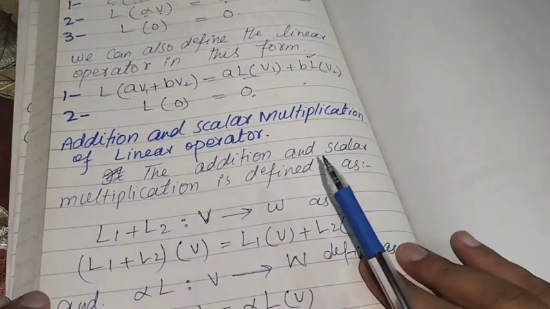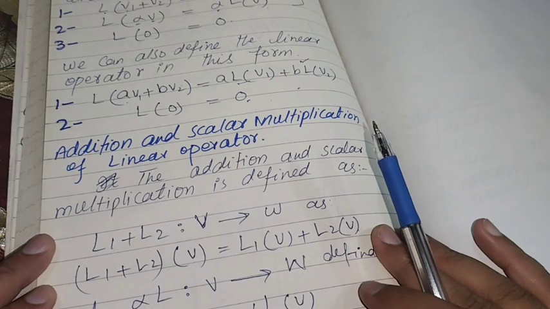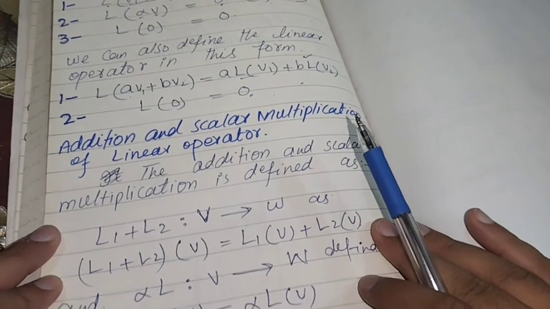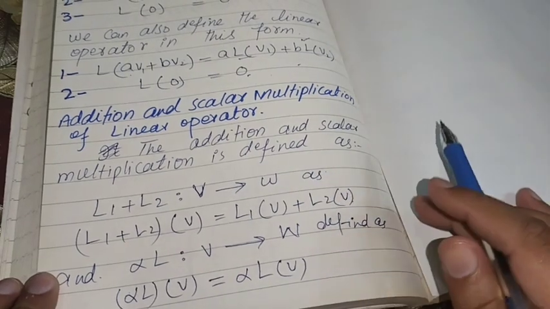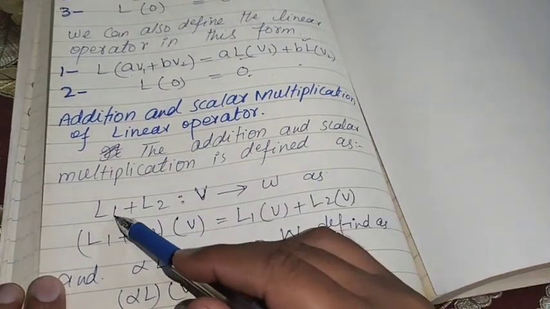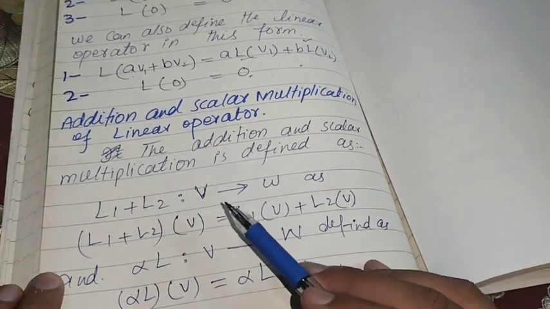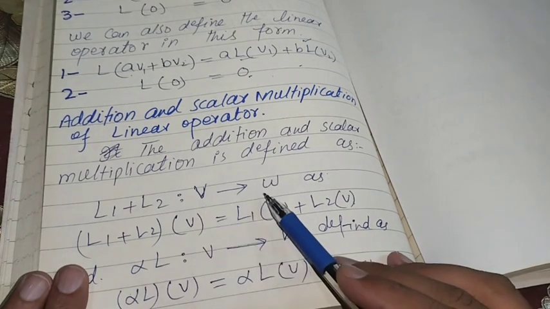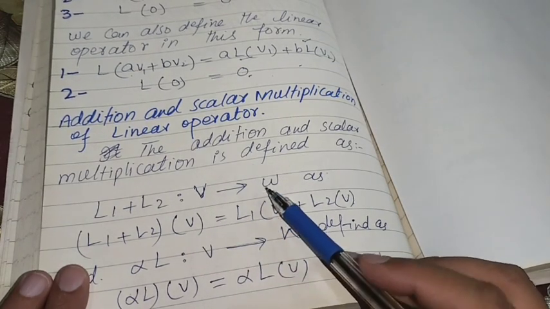Next we will define the addition and scalar multiplication of linear operators. We define the addition of two linear operators in this form: L1 plus L2. Here L1 and L2 are two linear operators from V to W, where V and W are vector spaces.